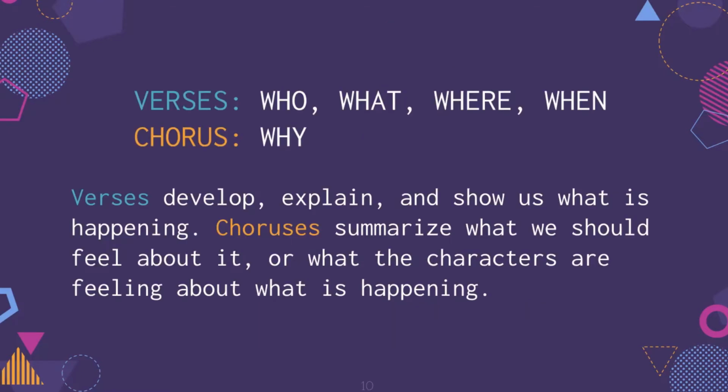So jumping into writing your choruses, just to review, the verses set up the who, when, the where, the what of the song. Your chorus is the why. So your verses are there to develop and explain and show us what is happening. Choruses summarize what we should feel about it or what the characters are feeling about what is happening in your song.